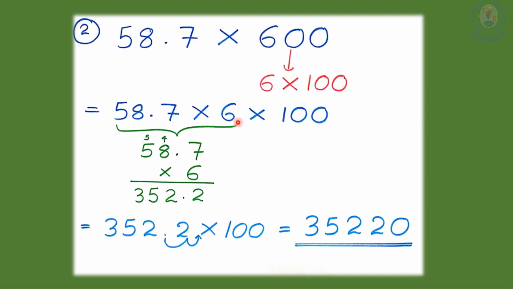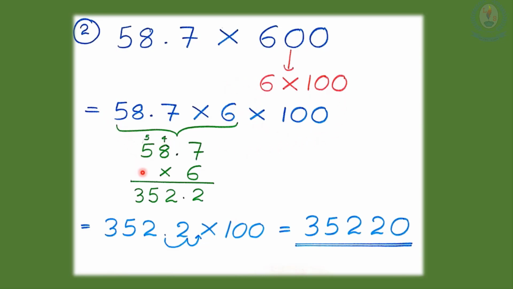Right? So we can separate the 600 into 6 times 100. So we have to multiply this 58.7 by 6, and then by 100. That means, instead of multiplying directly by 600, we can separate this one and multiply 58.7 by 6 and then multiply by 100.